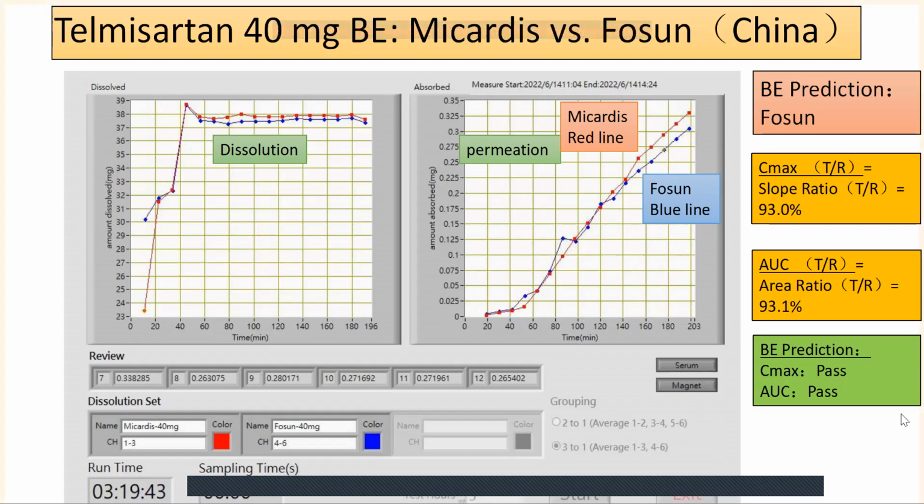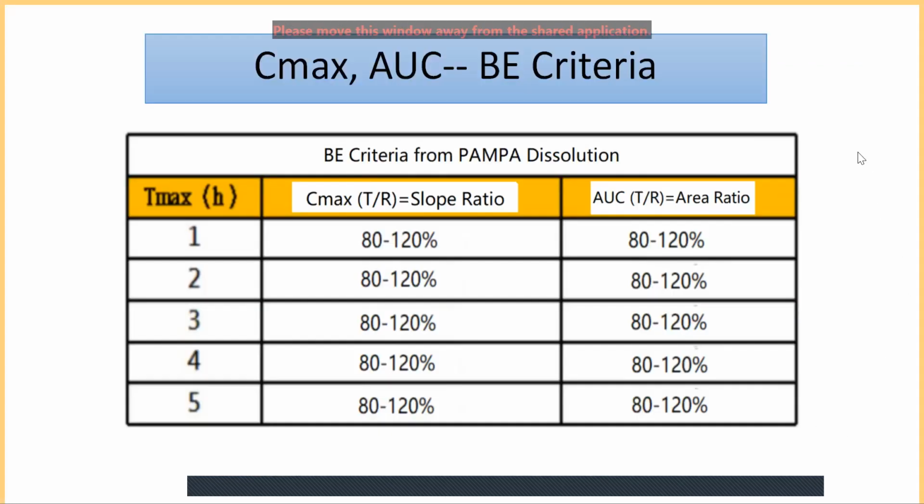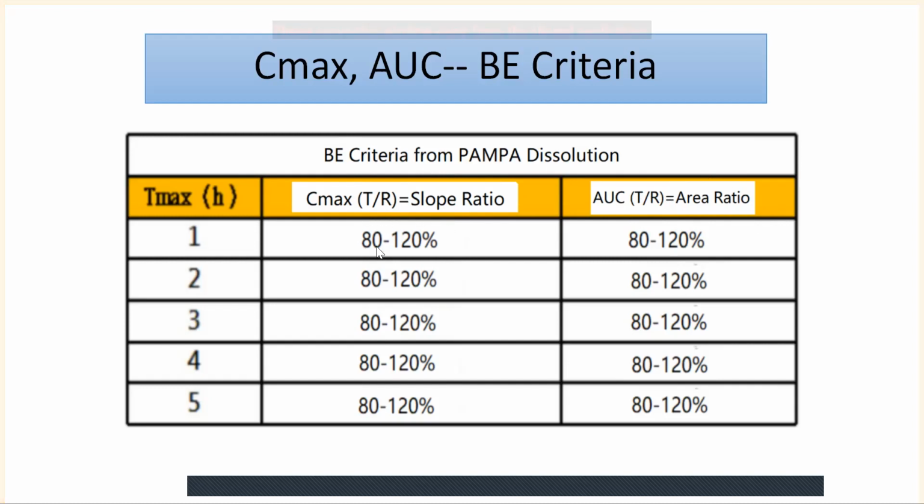BE prediction, and maybe we will introduce more in terms of BE criteria. Like we just said, there are two criteria, right? So what you can do from the graph generated through the PAMPA dissolution, you want to make slope comparison, and you want to make area comparison for T and R. Okay, so the requirement is usually within the range of 80 to 120%.